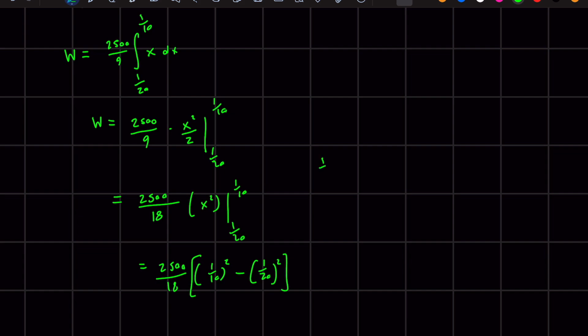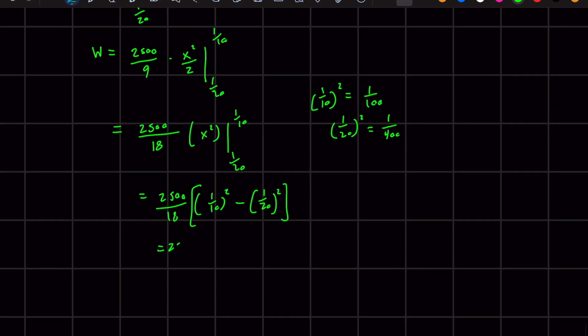So if we do that, 1/10 squared is going to be 1 over 100. 1/20 squared is going to be 1 over 400. So we get 2,500 over 18 of 1/100th minus 1/400.